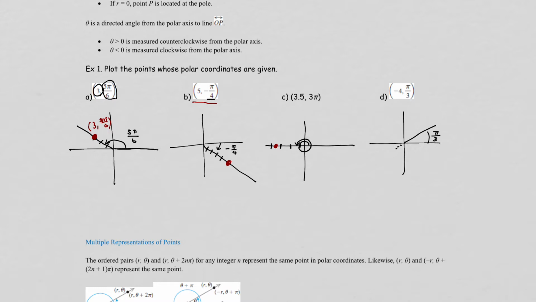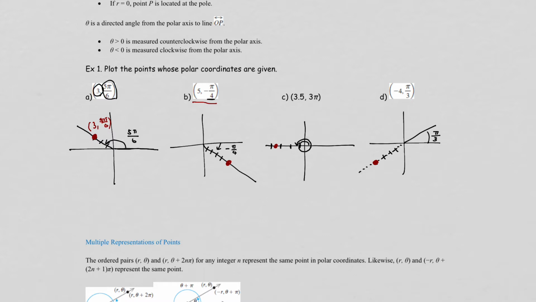So you draw the line on the other side and go in the negative direction. So it will be 1, 2, 3, 4. So that will be negative right there. Even though pi over 3 gives you the first quadrant, the point itself is going to be on the third quadrant because it's a negative distance.